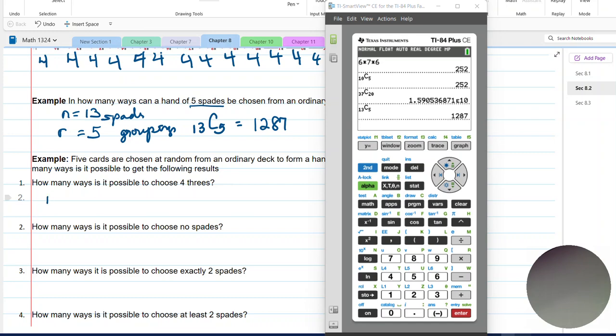So we have 4 specific threes choose 4. Oh, 4 times, and then we have 5 cards. So now I'm going to have to do it over here. I'm going to do 52 minus the 4, which is equal to 48.